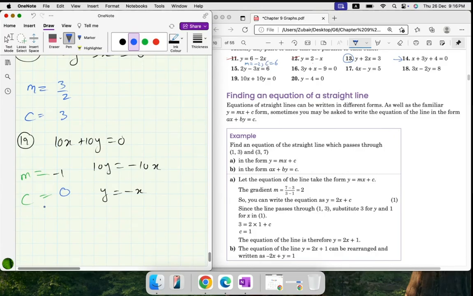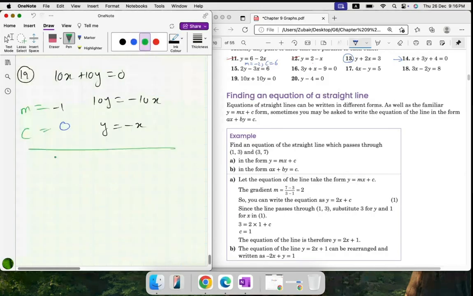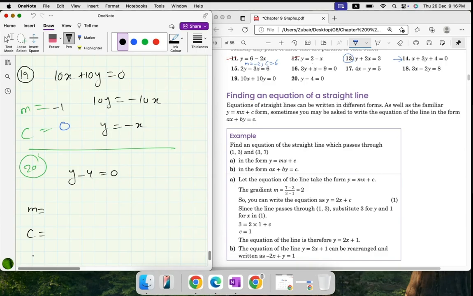Okay, last one, number 20. y will be 4, m will be 4.